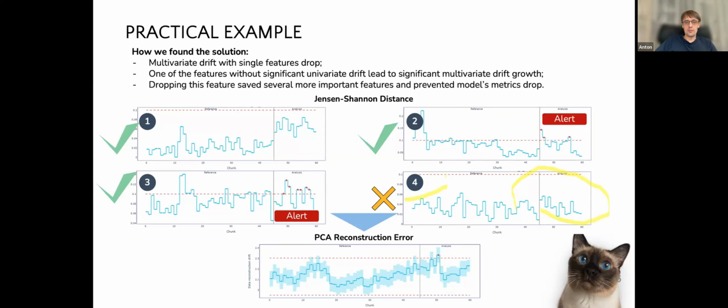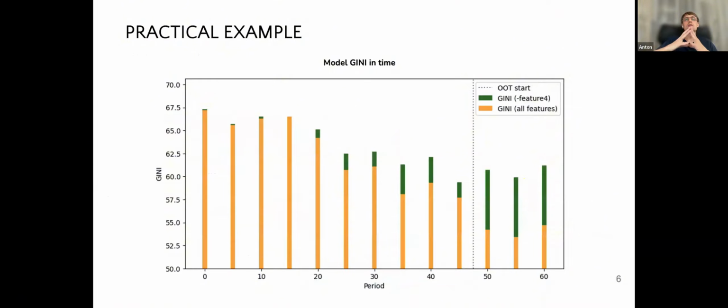So what's the result? We can see Gini metrics here before and after the action. Here we see that our Gini rises up to, say, 61 points instead of 55. It's not the initial value of 65 to 67 points, but not that bad.